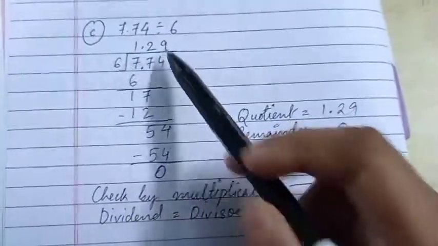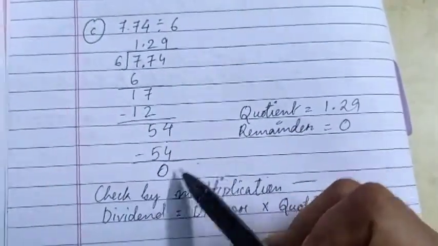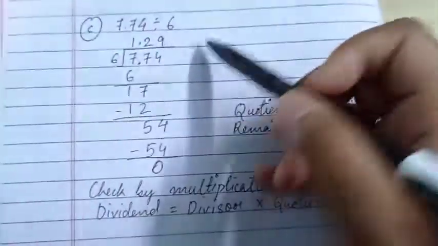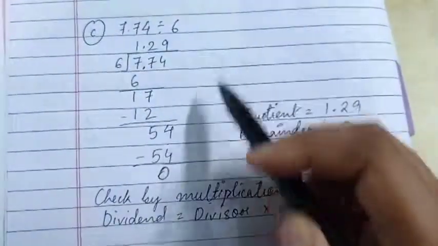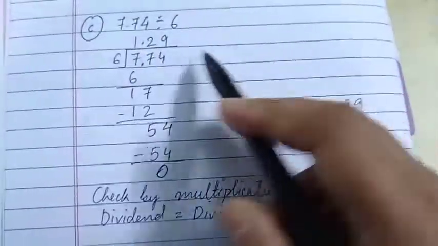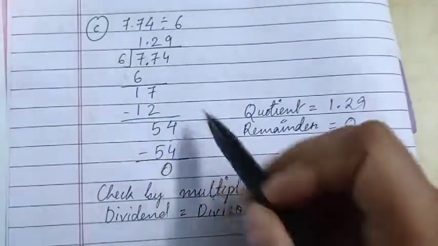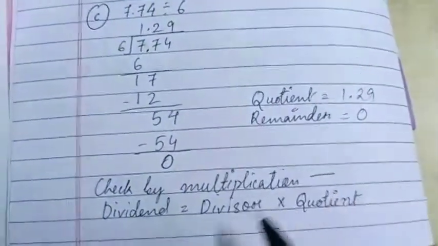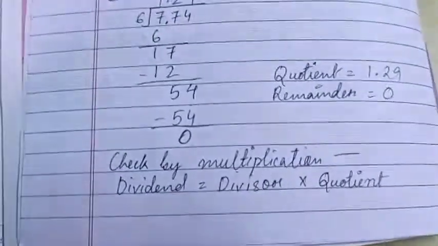So 6 nines are 54. Okay, and you got 0 as the answer. After that nothing is there. If there would have been some other numbers, then you can put 0 0. Okay, check by multiplication: dividend is equal to divisor into quotient.